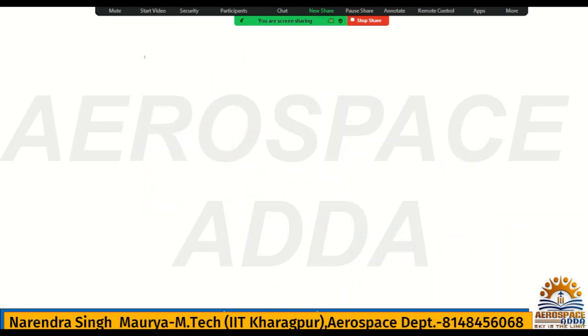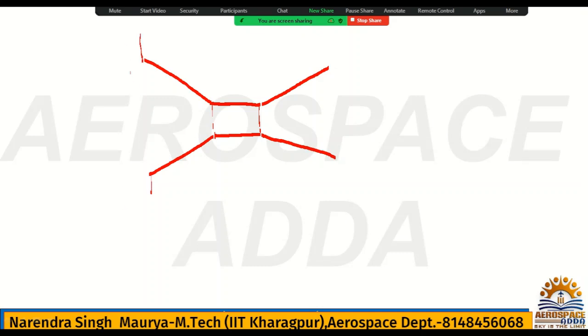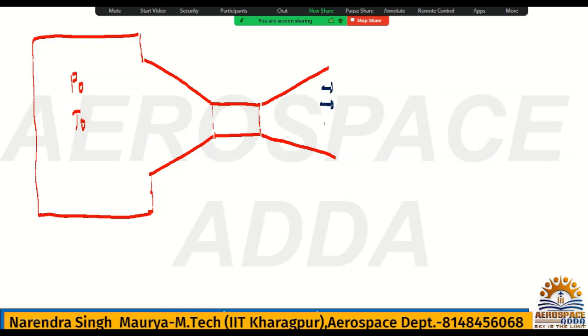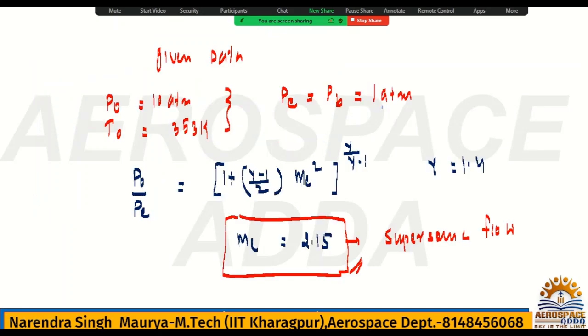Okay, so now we can draw one CD nozzle as per the given problem. This is connected with the reservoir. P naught they have given to us, and here at the exit of the nozzle Mach is ME, which is nothing but 2.15.